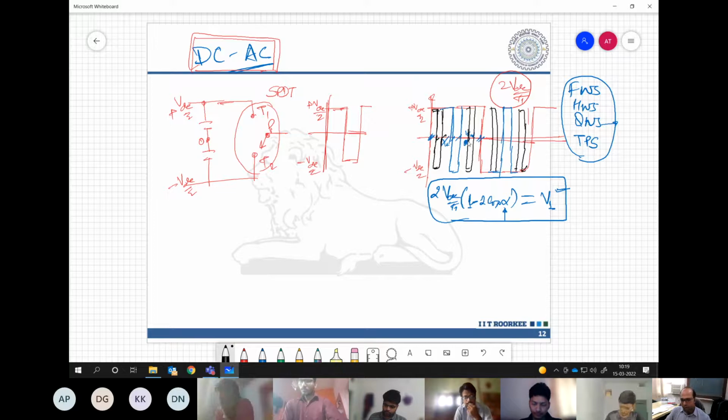Now this was one way we were doing in this manner. And then we realized that if we have the liberty to switch this SPDT switch, we can operate at much higher frequency. Here only a few times, let us say 5 times of the fundamental or 7 times or 9 times of the fundamental, is your switching frequency.